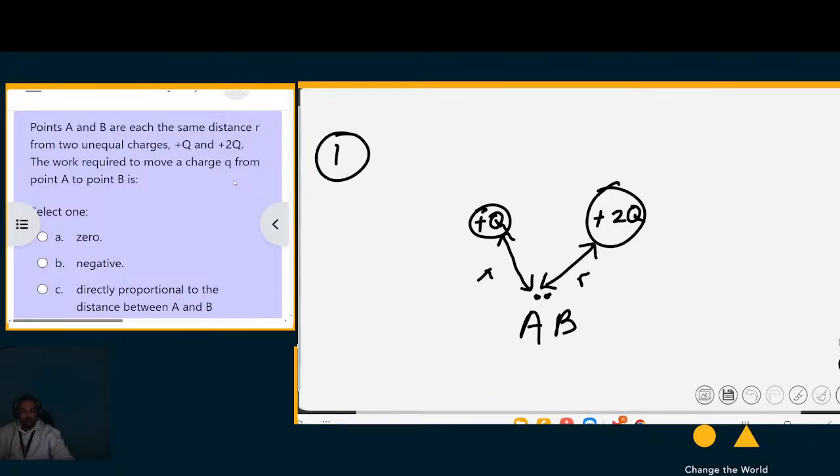So two points A and B are each the same distance r from two unequal charges. They ask us the work required to move a charge q from point A to point B. So how much work is required to move a charge q from point A to point B?